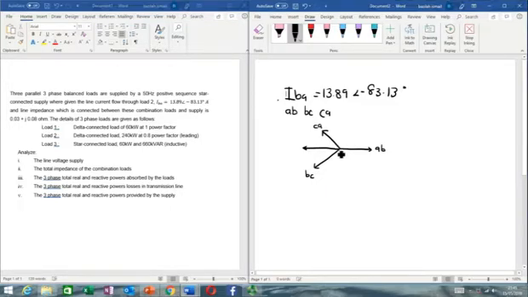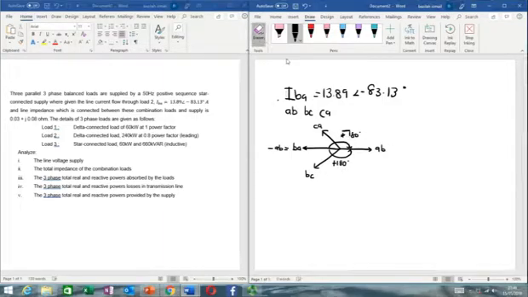BA is opposite to AB, so this is BA, also known as negative AB. If you want to calculate IAB, you have to either add 180 or minus 180. I think it's the other way around. This one is positive and this one is negative.